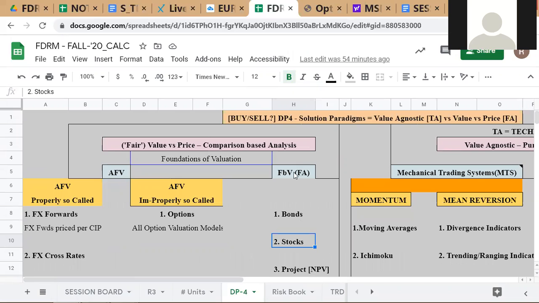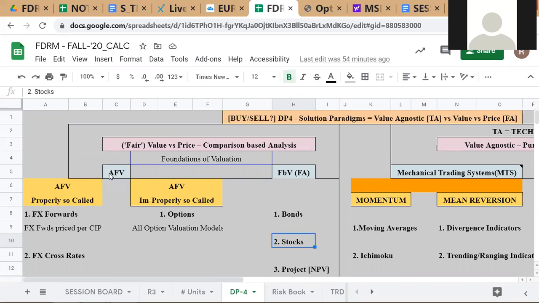You notice why I have put this difference between FPV and AFV. This is a taxonomy, so it satisfies one of the important principles of taxonomy. It's very important to remember these things, because in the real world, you will find many people making these kinds of classifications without following these rules.